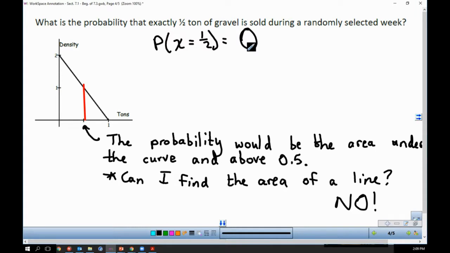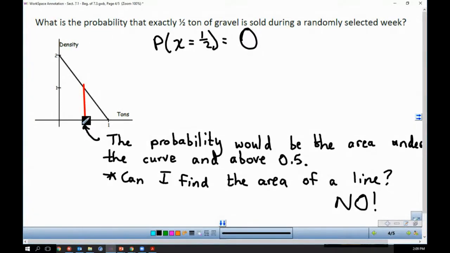So why didn't we show it in this one? It's a line. It wants to know the probability that x is exactly 1/2. Oh, okay. So it's just this line that we're finding the probability of. This was that foreshadowing that I was talking about.